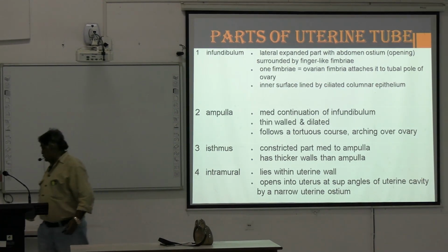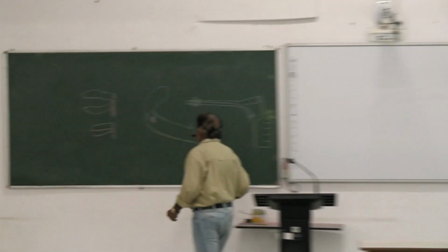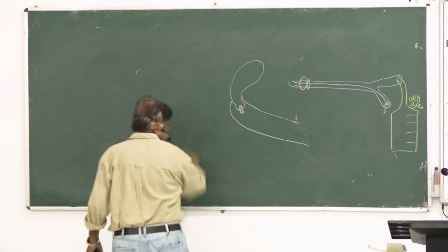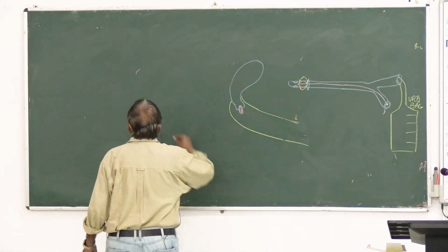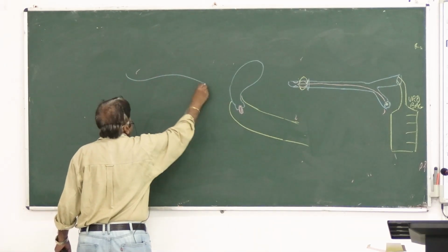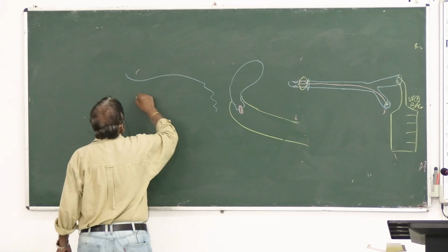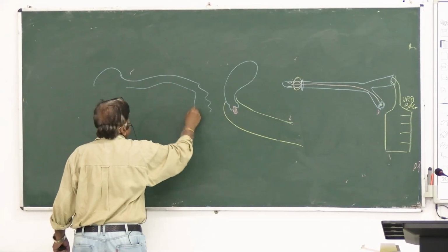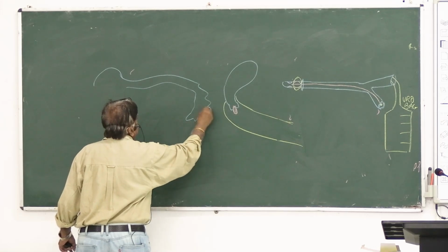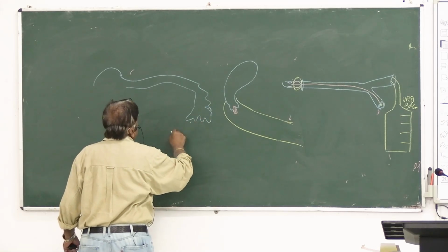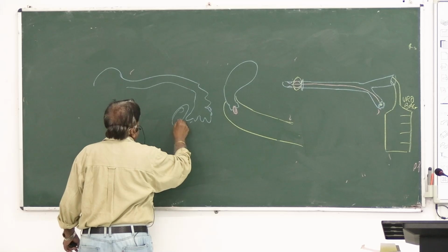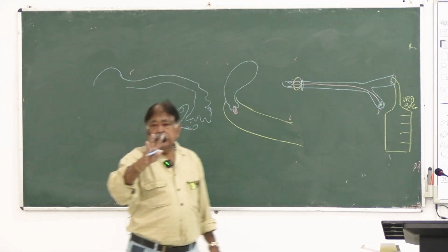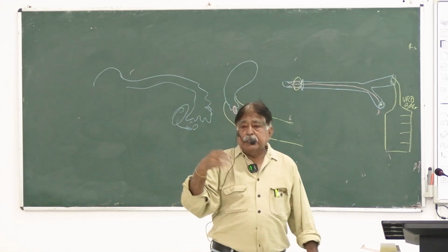See, the ovary is here. The infundibulum is funnel-like and ciliated.